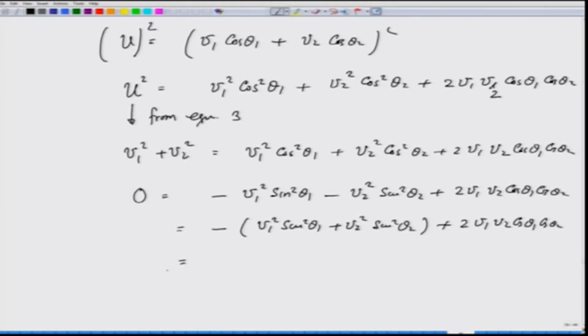This I can further write, because I already know from the second equation that V1 sin theta 1 minus V2 sin theta 2 is 0.